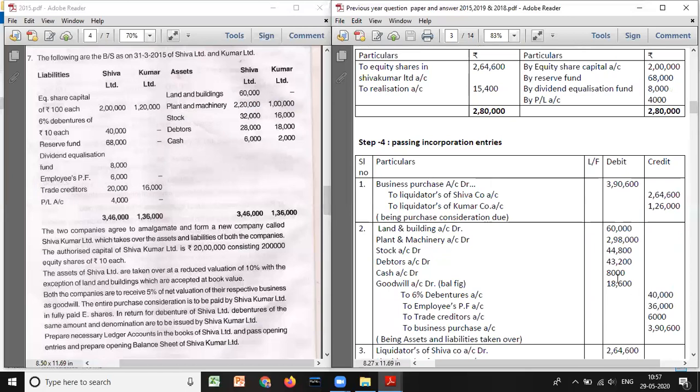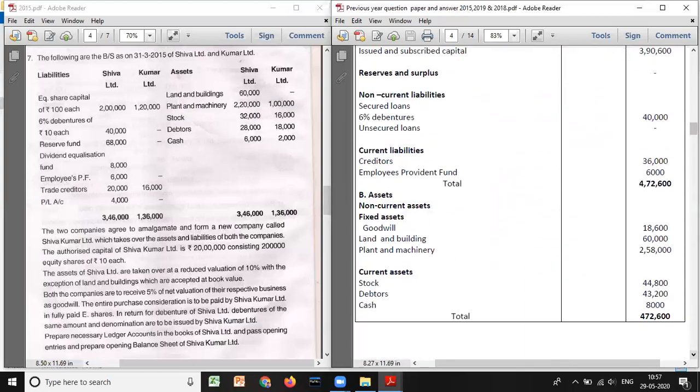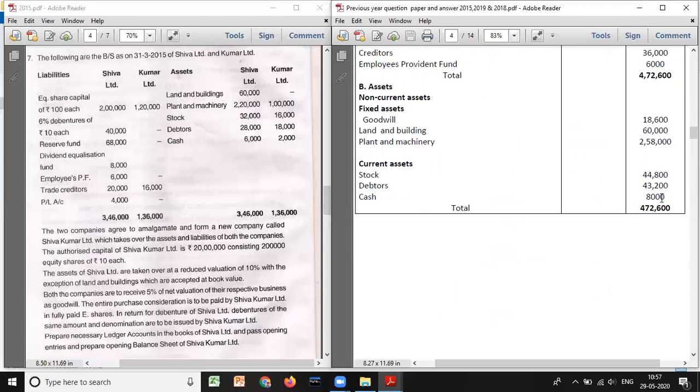Whatever you have done here, 28,800 plus 16,000, it will be 44,800. And debtors, look here. What is the value we have? 43,200. And cash we have 8,000. The same we need to record. Please verify your answer, because here it should be 2,98,000.